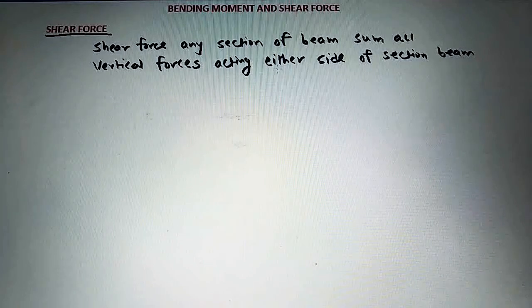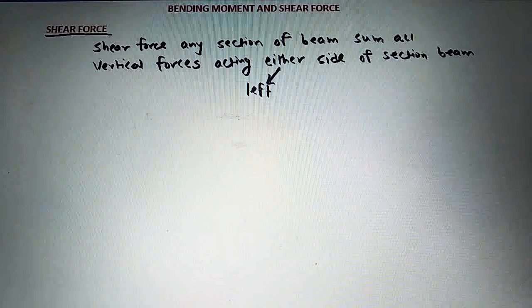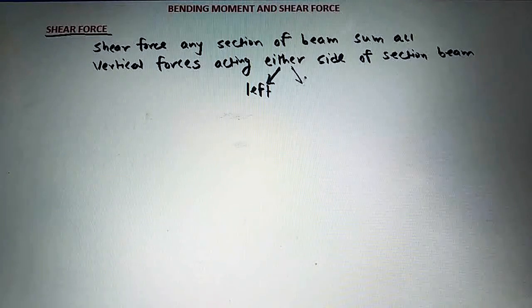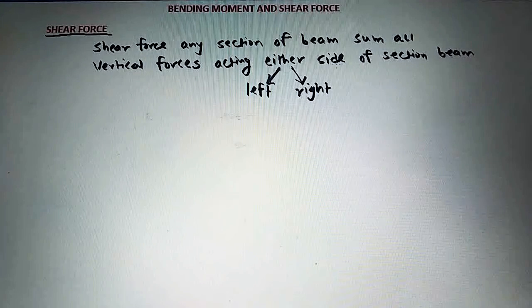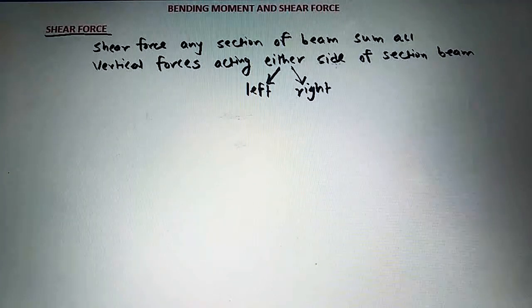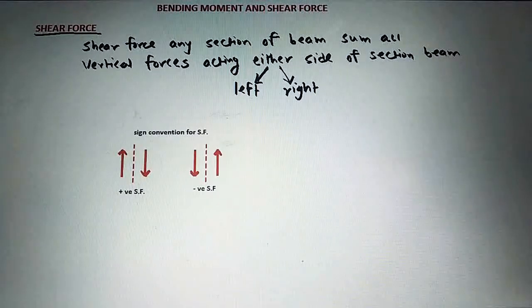So that either side will be the left side of a section of a beam, or it will be the right side of a section of a beam. Now we will see the sign convention for shear force.